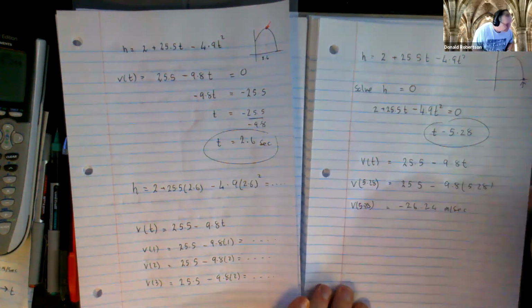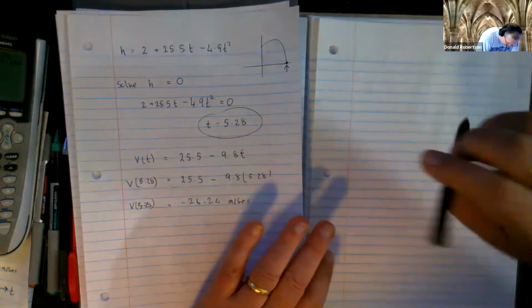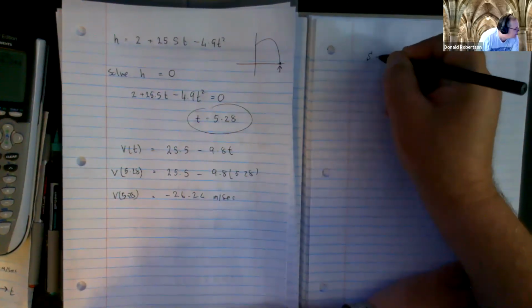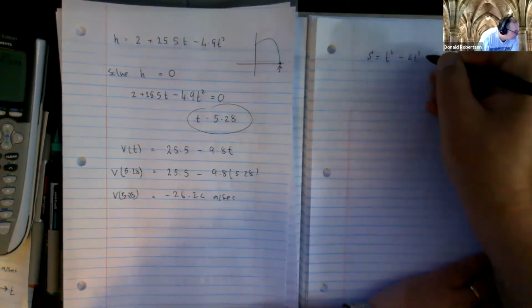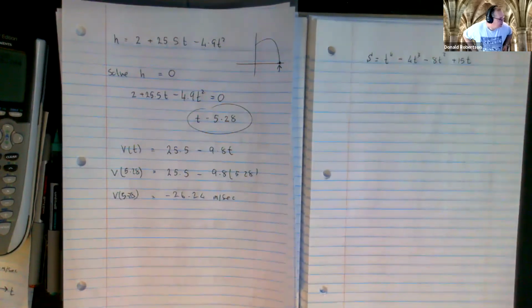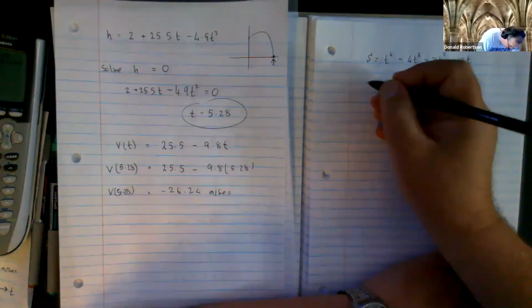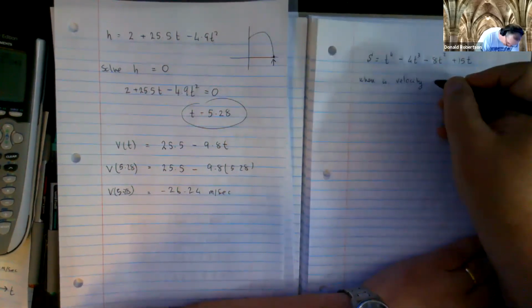Okay. Let's move on to a different one. Suppose the position of an object S is given by this long polynomial, and you're being asked the question, when is the velocity 15 meters per second?